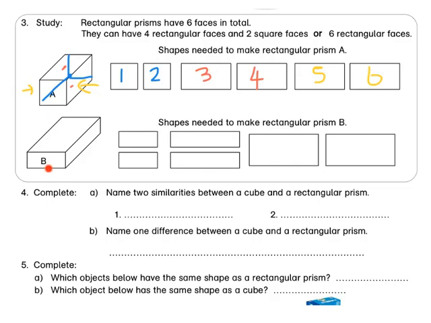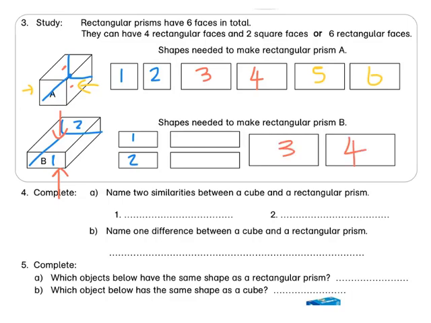But this object here is also a rectangular prism, but its faces are different. This rectangular prism has got a rectangular face in the front and a rectangular face at the back. 1 and 2. Then the top and the bottom are over here. 3 and 4, the big ones.